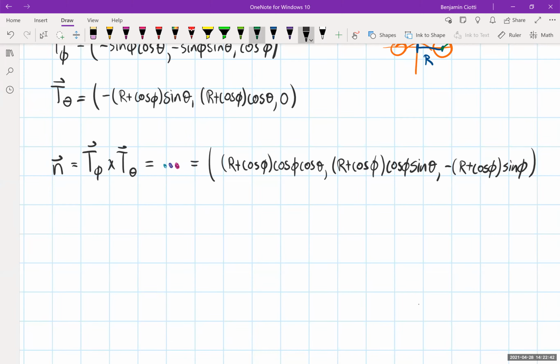Anyway, with this being the normal, its length ends up being, again, something you can check because it's a lot of algebra, so I won't show it here. But we just end up with R plus cosine of phi. Kind of nice, simple normal.